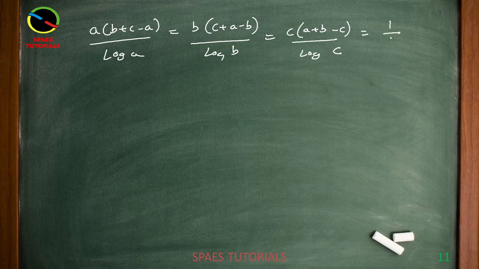Let's take it equal to 1 by lambda. Sir, you asked us to take it as lambda. Now why are you taking 1 by lambda? Very simple actually. When we do cross multiplication, this lambda multiplies in a simpler way. That is the only reason.